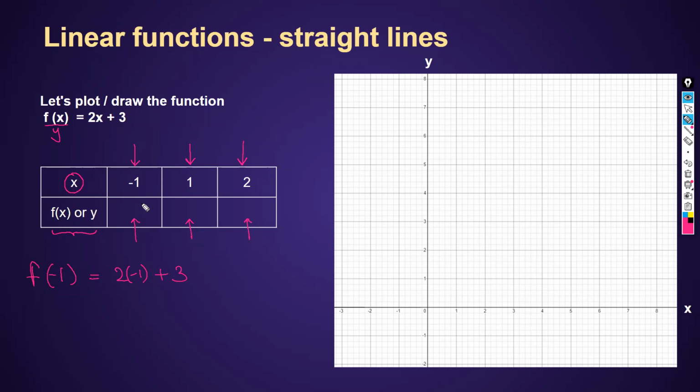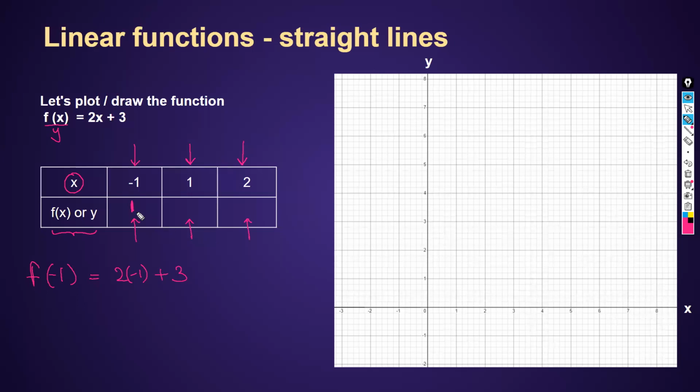Do you all think you can work that out for me? What's the corresponding value for y when we are pretending x is -1? In other words, we are finding f(-1). Right, I think we're going to get +1.